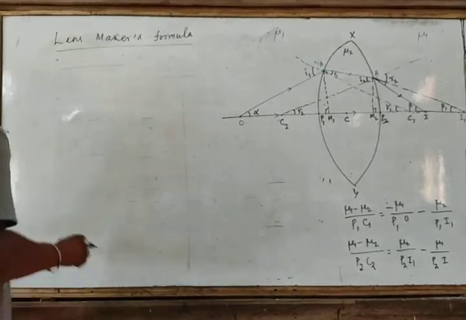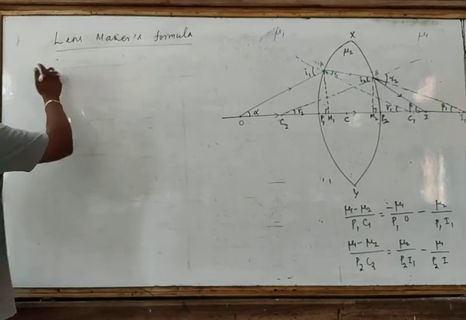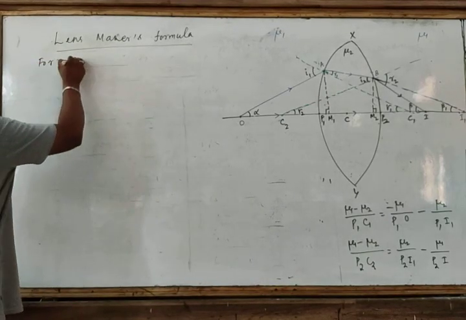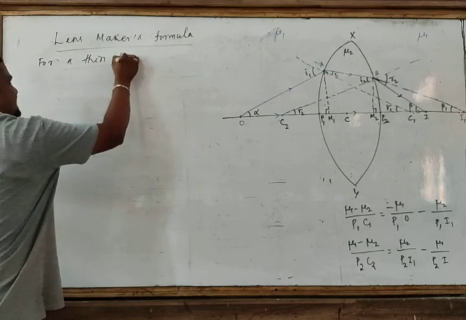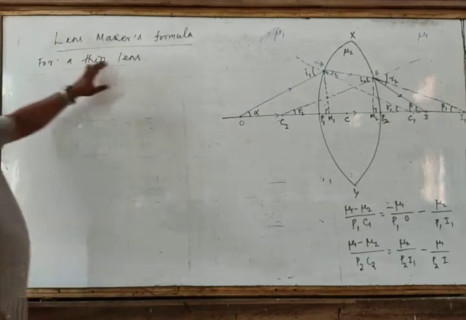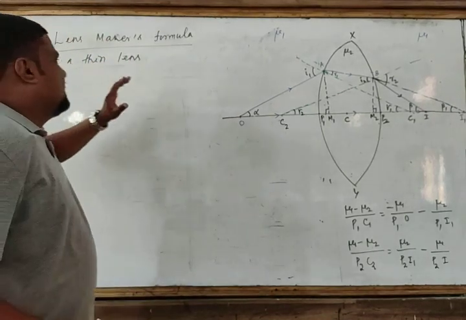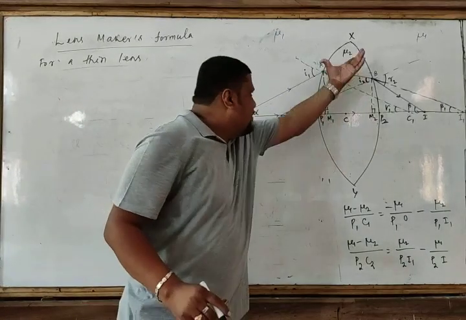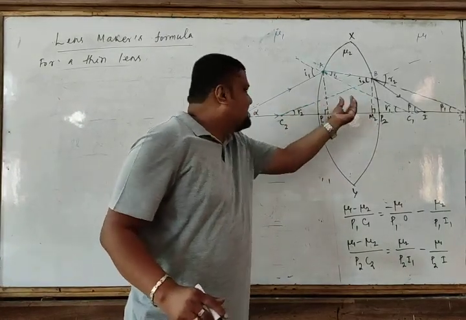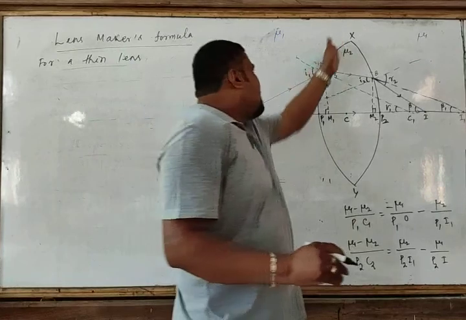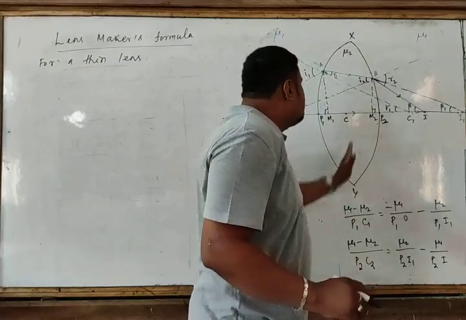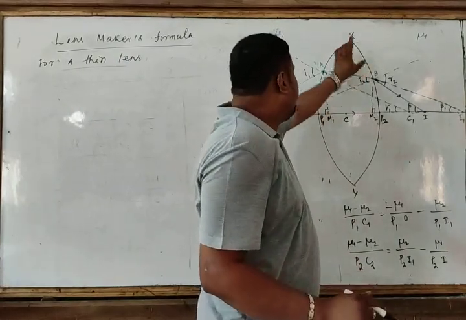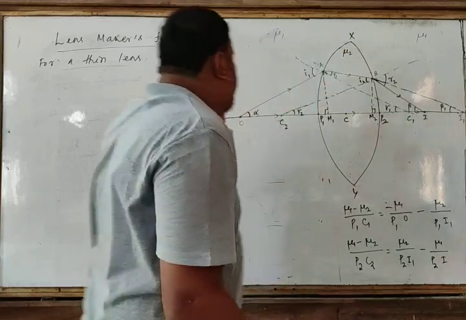Now, for a thin lens, in the assumption we have taken for a thin lens, because this is the lens maker's formula for a thin lens. For understanding, we have taken a thick lens, but it is a very thin lens. They are almost not curved; when you see through the naked eye, it appears like a plane surface.